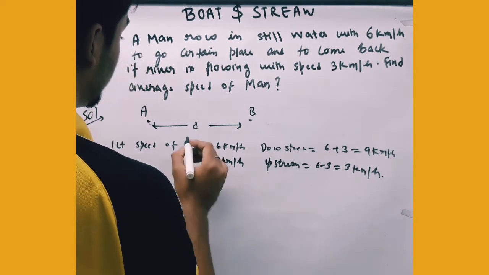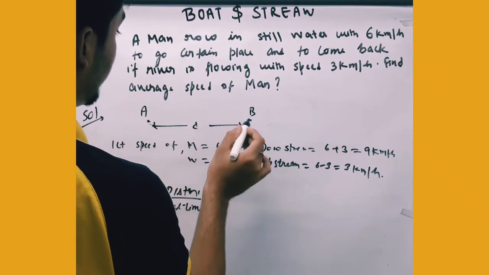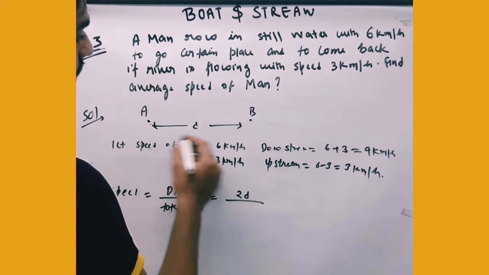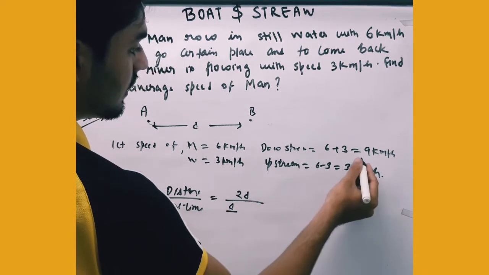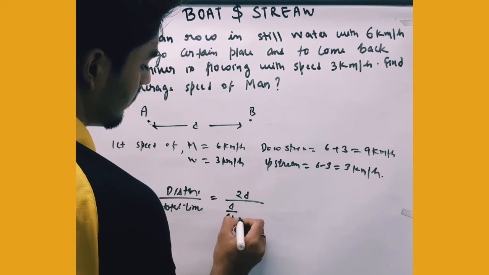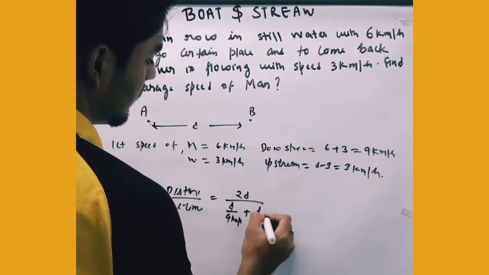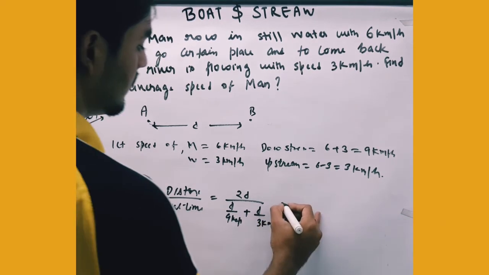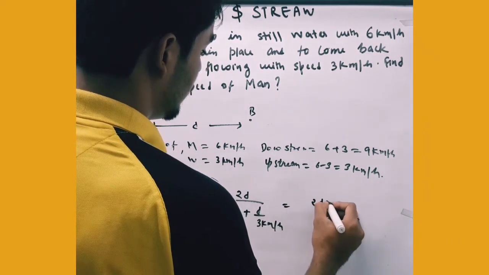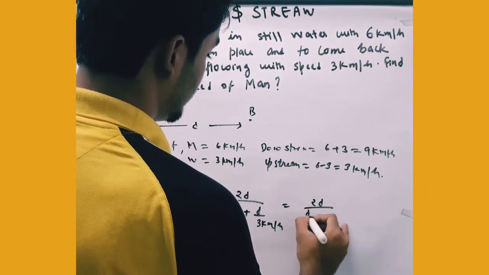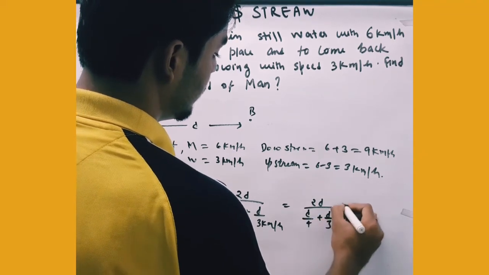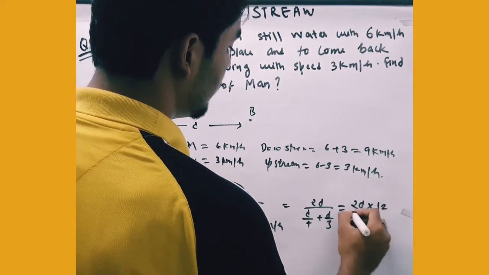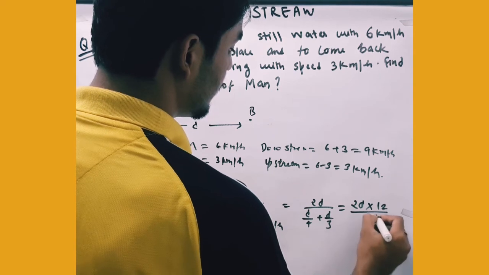We know that total distance is equal to d plus d, from A to B and B to A, which is equal to 2d, divided by total time. Time taken downstream is equal to distance upon speed, which is d divided by 9 km per hour, plus upstream distance divided by 3 km per hour. Further solving, we get 2d divided by (d by 4 plus d by 3), which is equal to 2d multiplied by 12 divided by 7d.